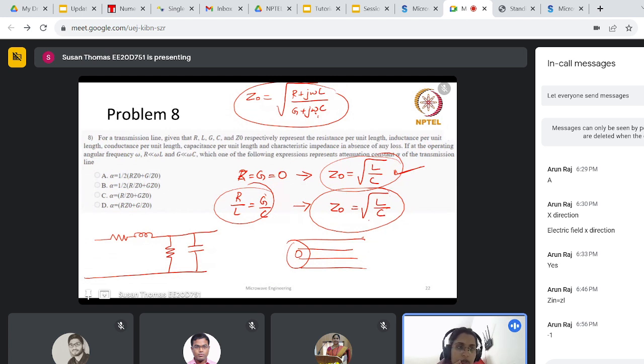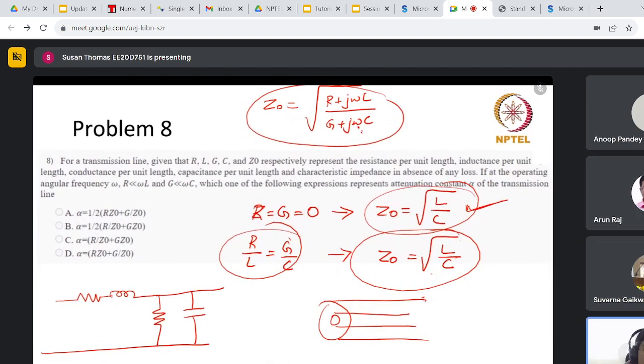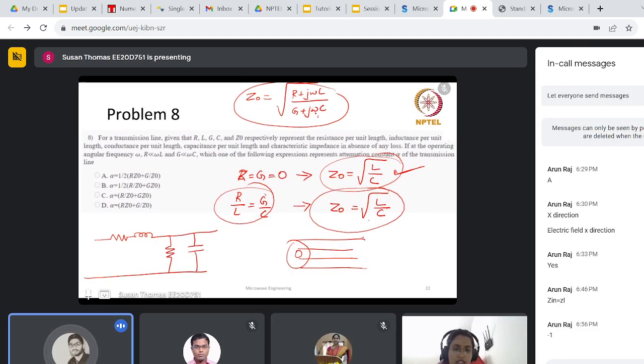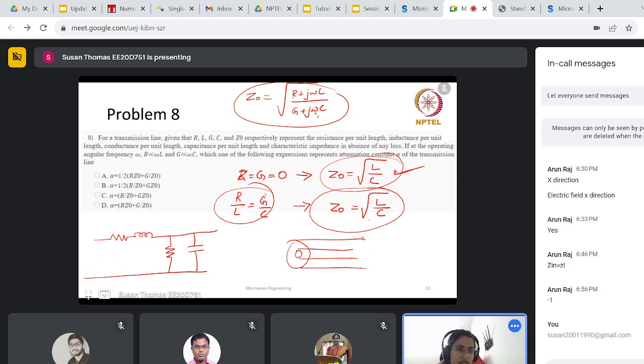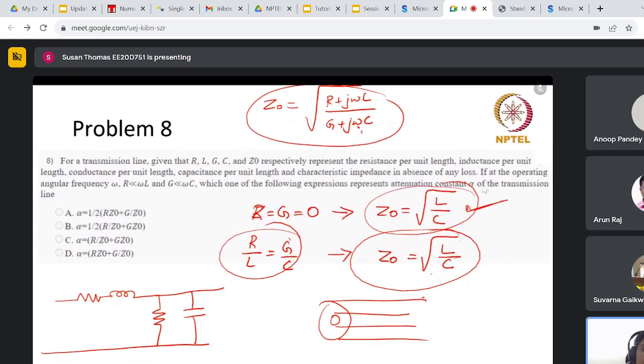Okay, Anup, you can do one thing. I am just typing in my email ID. You can send me the screenshot of what you are asking, because I am unable to catch what you are asking.